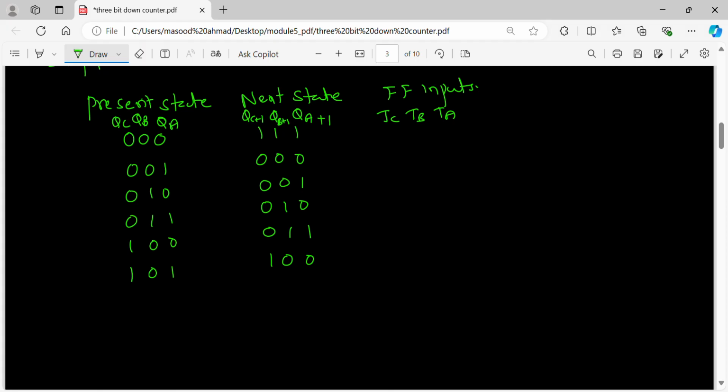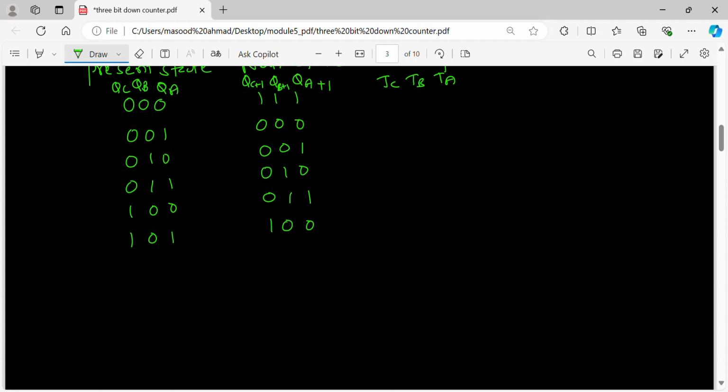For 101, which is 5, that is done. 110 is 6, so the next state is 101. If it is 111, the next state is 110. So all states are covered, each one less than the present state. For 111 it is 110, for 000 it is 111, and then 000 and 111 again, so it repeats. Totally 8 states have come.